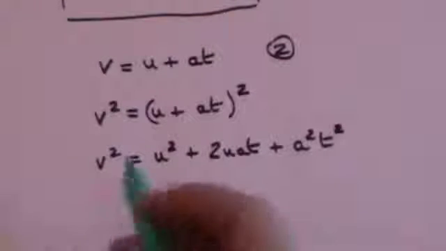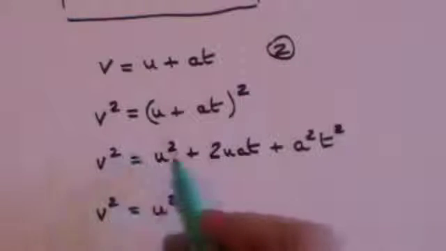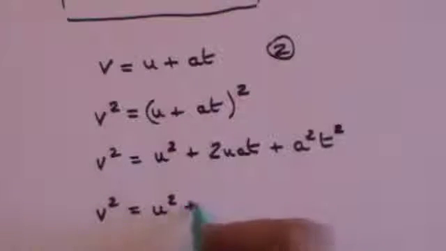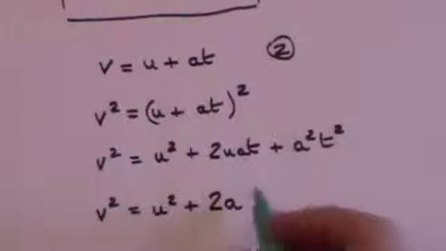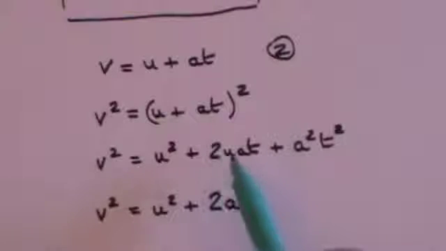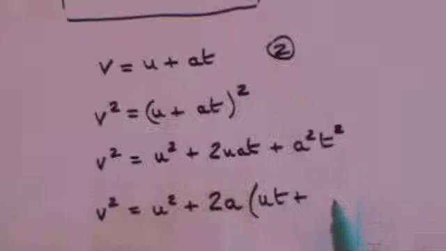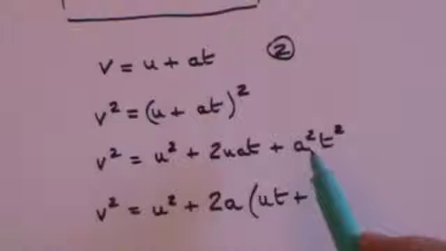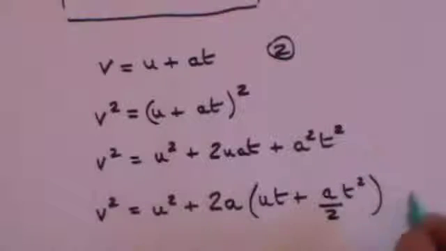Now watch how I manipulate that. V squared equals u squared, well that's just that equals that, plus I'm now going to take 2a on the outside and put the rest in brackets. Well, if I take 2a out, I'm left with ut, plus, now if I take 2a out of this, well I can't because there's only one a, so I shall be left with an a over 2 times t squared.